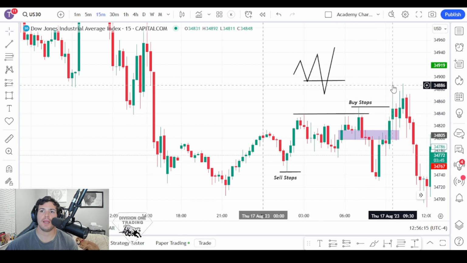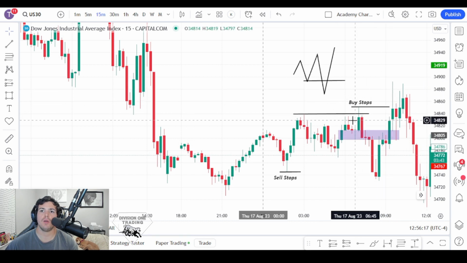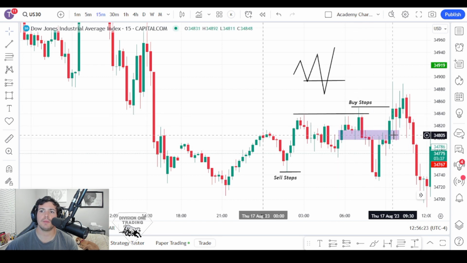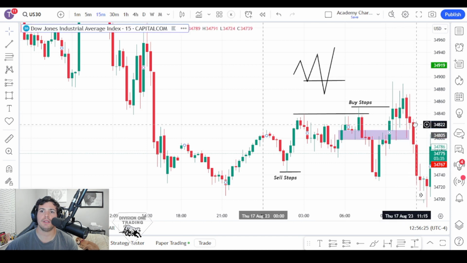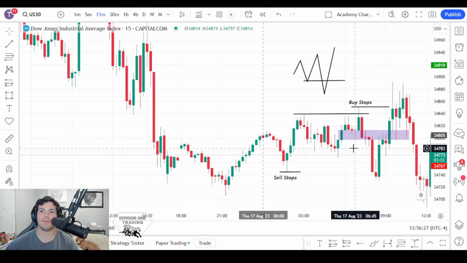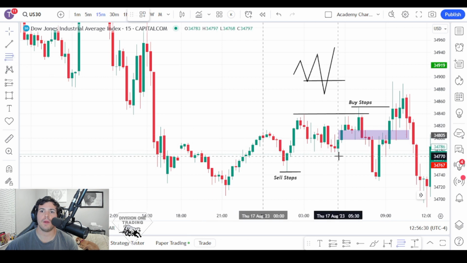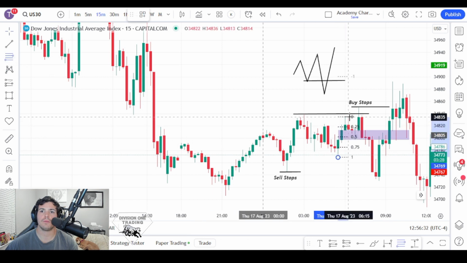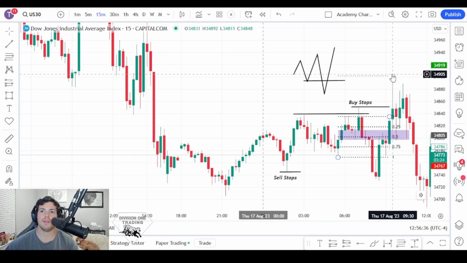So when this high breaks above here, we're not expecting price to come back and use this breaker here. We're expecting price to reach back into this Reaper fair value gap, and then go where? Right here. One standard deviation.